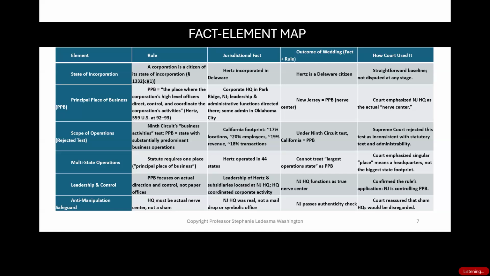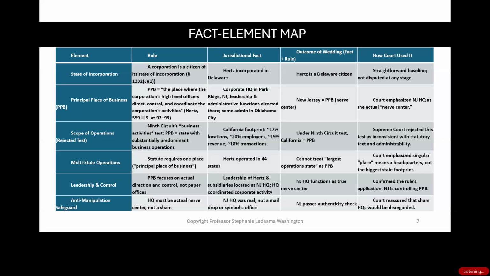So let's look at the first fact. In our chart, I've got the columns a little different than normal, but the fact column is going to be the one in the middle. If I am looking at this chart, the first fact that I see is that Hertz is incorporated in Delaware.